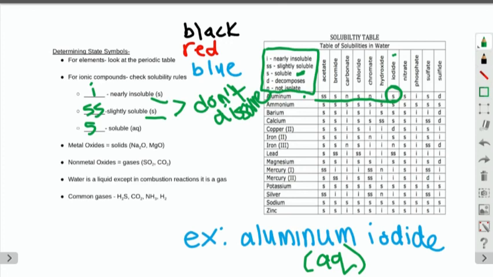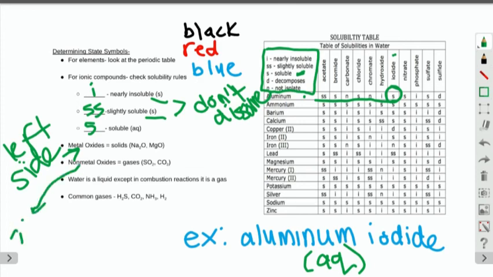For metal oxides, so any metal that's on the left side of the periodic table and oxygen will be a solid. Any nonmetal, so right side, will be a gas. Water is always going to be a liquid, except for in a combustion reaction, but I will give you guys a hint that it is not a liquid in that case.